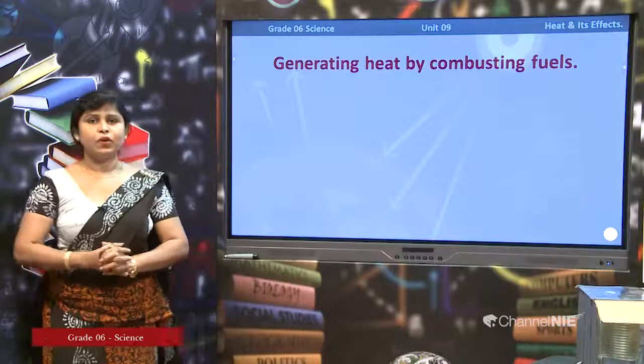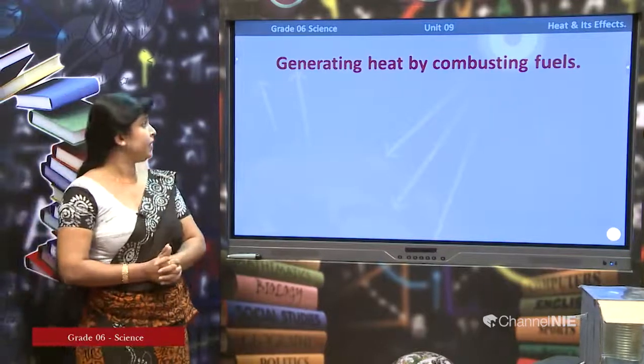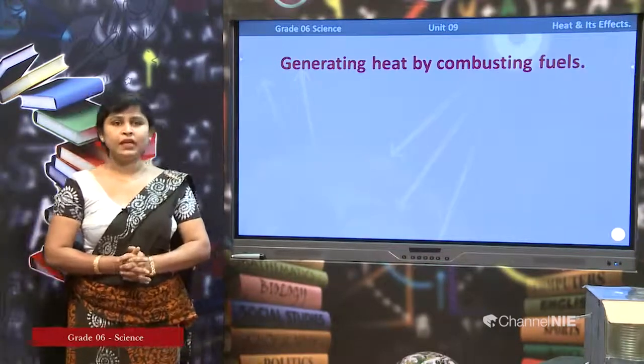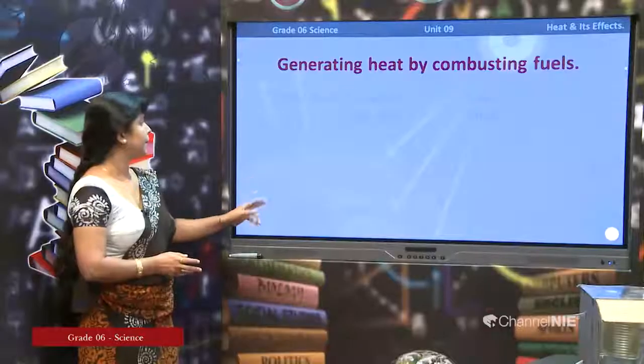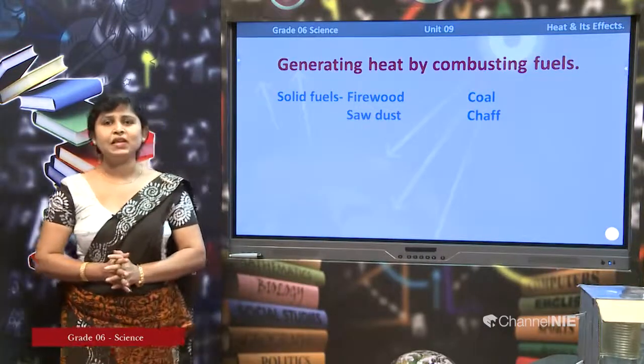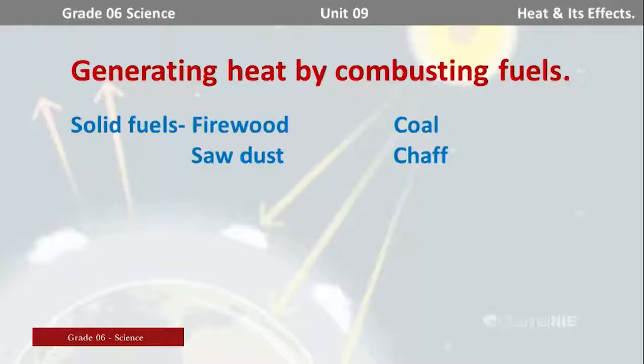Right, now let us talk about how to generate heat by combusting fuels. A substance that can give out heat and light is called a fuel. There are different types of fuels. Let us see. Solid fuels are available in solid form: firewood, sawdust, coal, chaff.